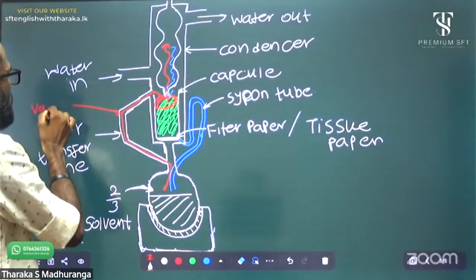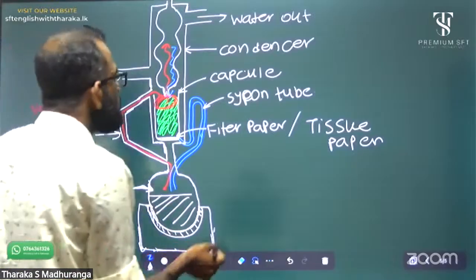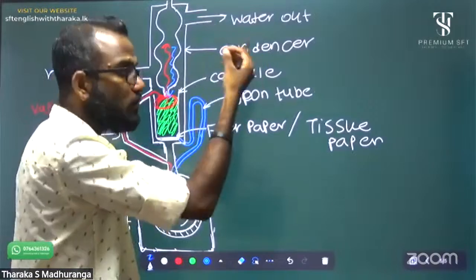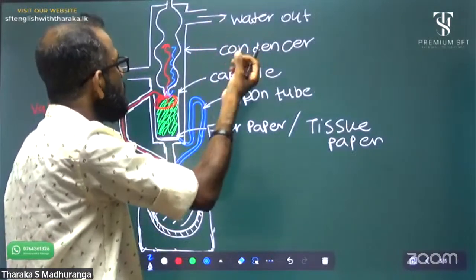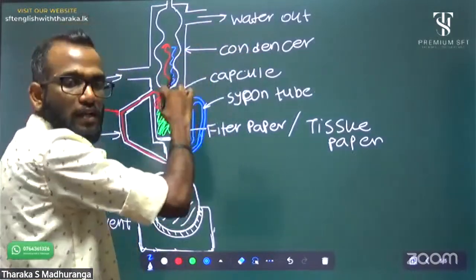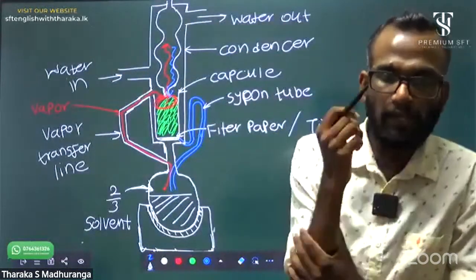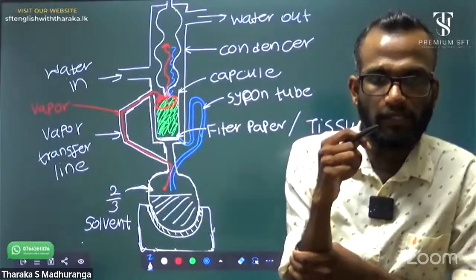After condensation, it is blue color. This condensed liquid, called condensed solvent liquid, again fills into the plant material chamber.